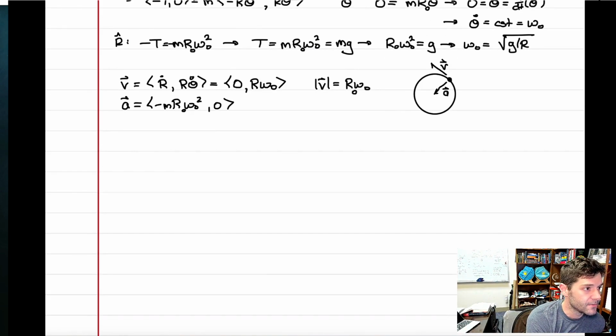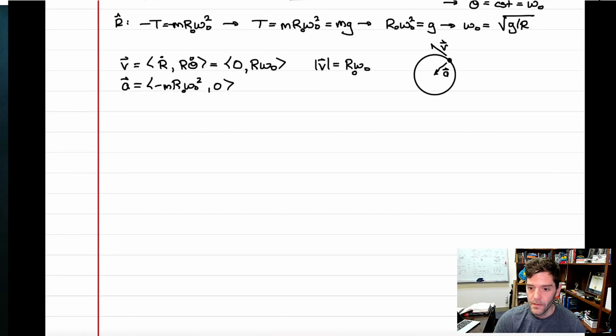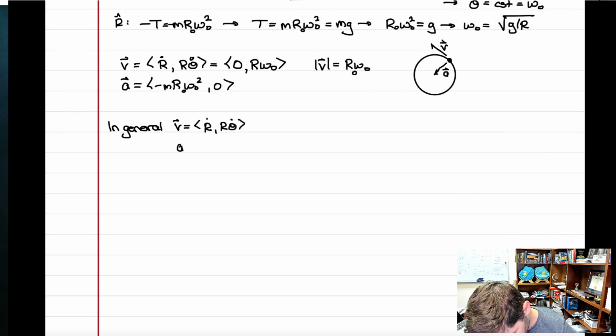Let me write down some relationships, instead of doing this other example, just as a way of summarizing this. In general, we just said how you can write down the velocity in polar coordinates with a radial component and an azimuthal or tangential component.